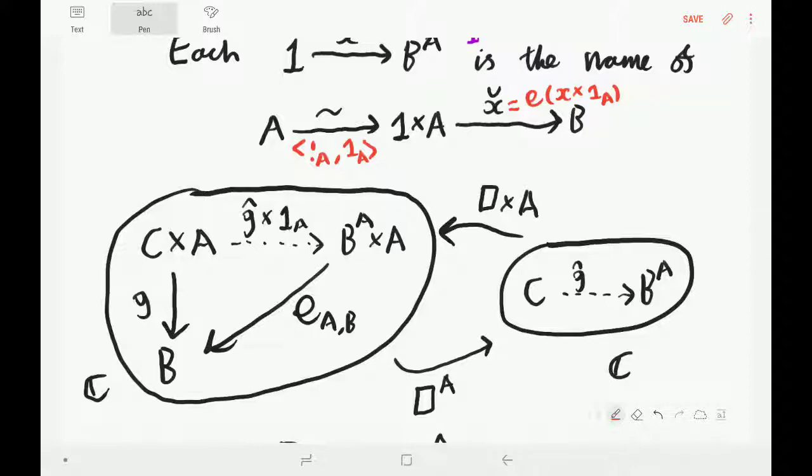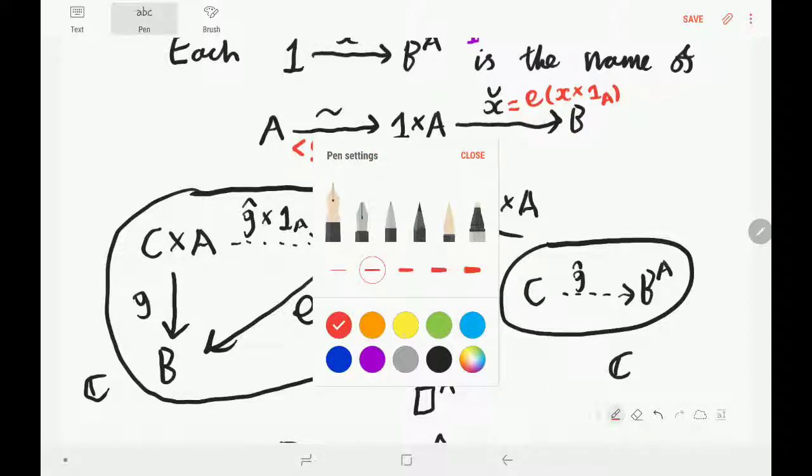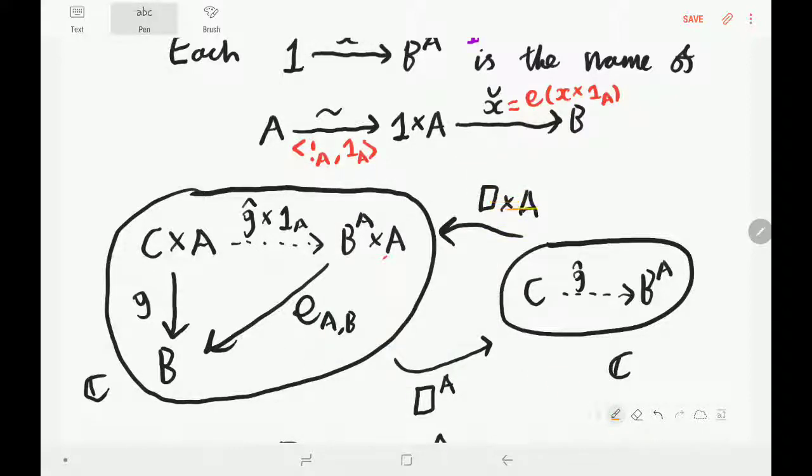Now, the way this works when we're talking about adjoint functors, say we want to construct the right adjoint to blank times A. So we want to get the right adjoint of this.